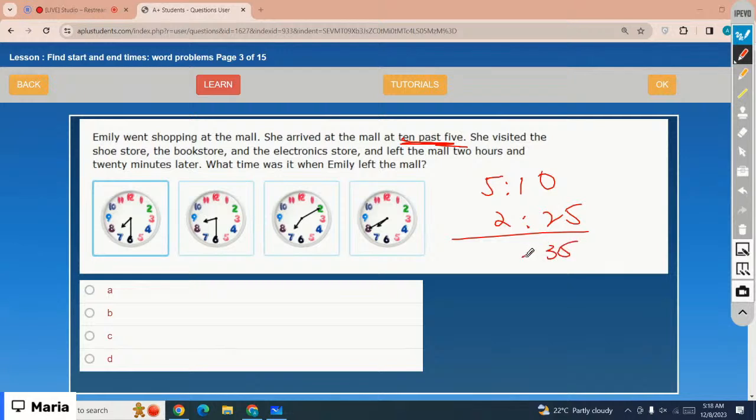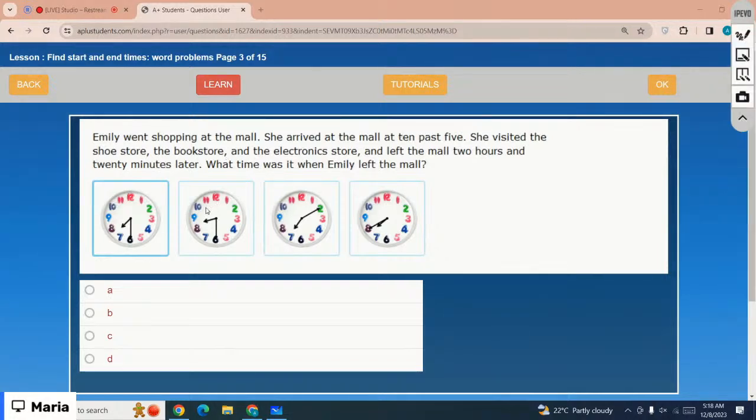That is 7:35, right? And I think this is the correct one because you're not given 7:35, but this is 7:40, right? So that would be the correct option. D is the correct option. Got it? Yes, D or 4 is the correct option.